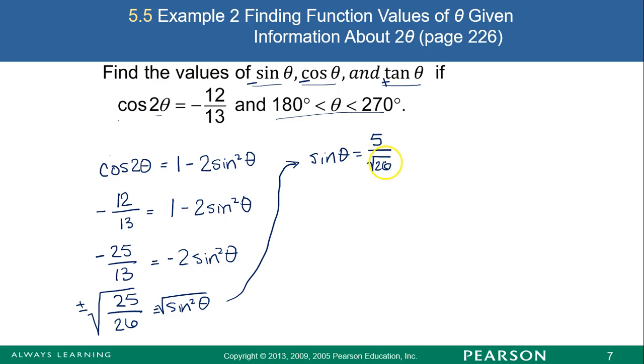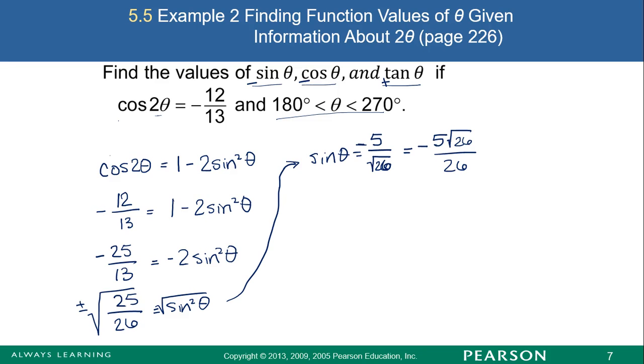And remember, our sine value is negative. We've already determined that. So this in its rationalized form is negative 5 square root 26 over 26. And we're done.